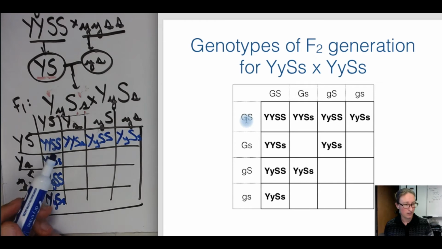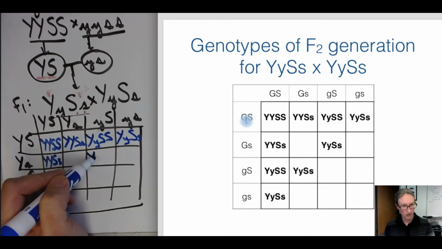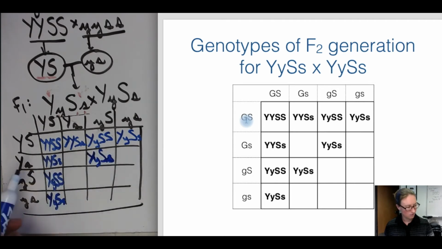Okay, so then I've also filled in a couple of other genotypes here. So here's big Y, big S, little s, right? And then here also is big Y, big S, little s. And the reason I've filled all of these in is, let's just take a second and think about the phenotypes for these individuals, right?